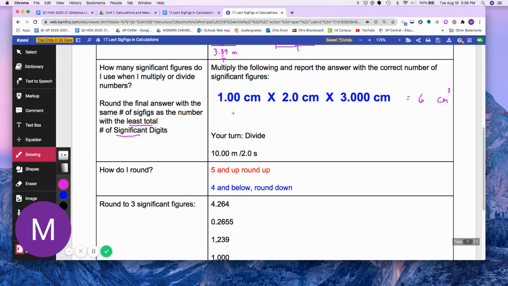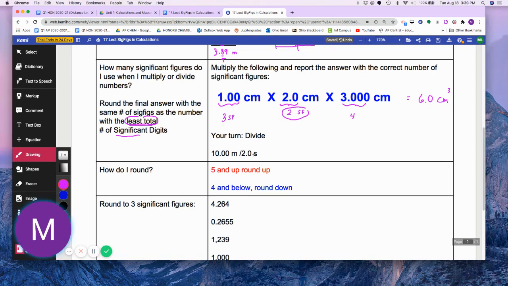To know that, you count the total significant figures. This number has 3 significant figures. This number has 2. This number has 4. So whoever has the least total sig figs, the least is 2, then I'm only allowed to have 2. Therefore, I will put 6.0 centimeter cubed.